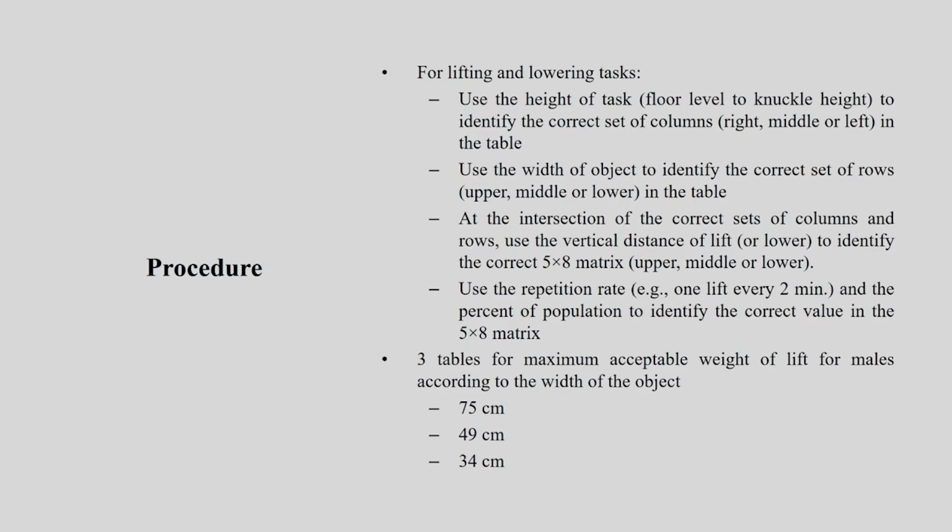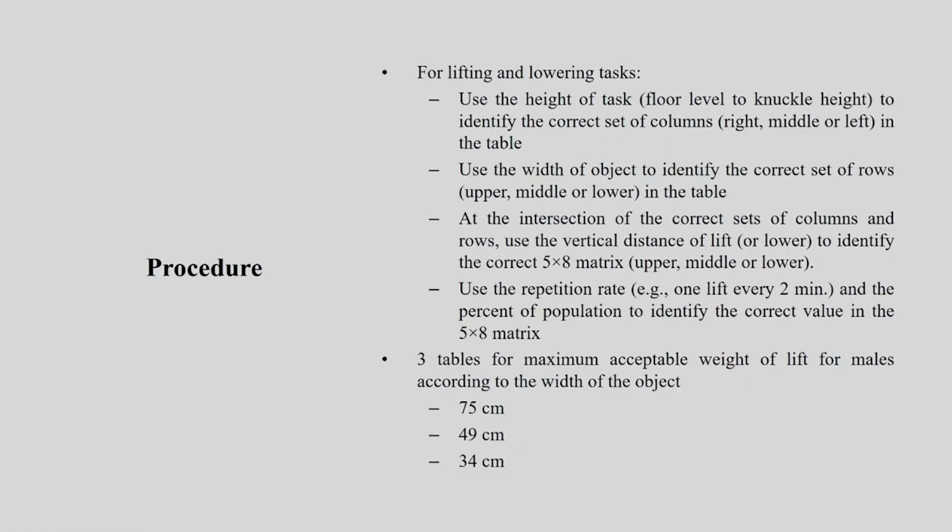Use the width of the object to identify the correct set of rows, that is the upper, middle or lower in the table. At the intersection of the correct column and row, use the vertical distance of lift, either lift or lower, to identify the correct 5 by 8 matrix, that is the upper, middle or lower. Once we go to the table, we will understand in more detail.